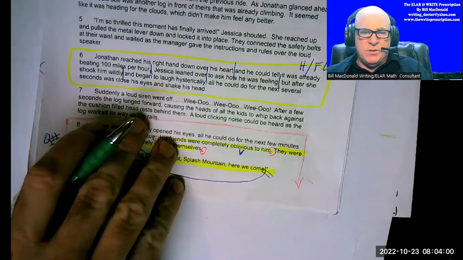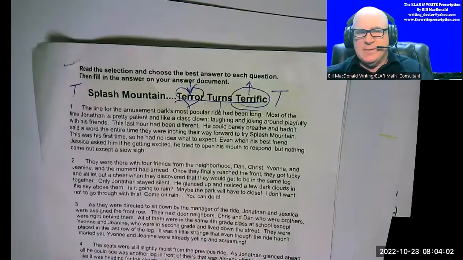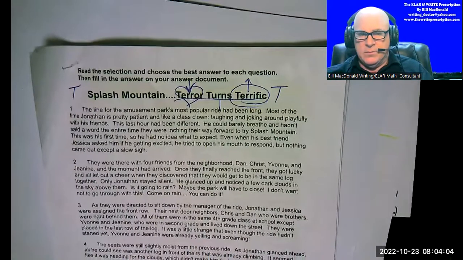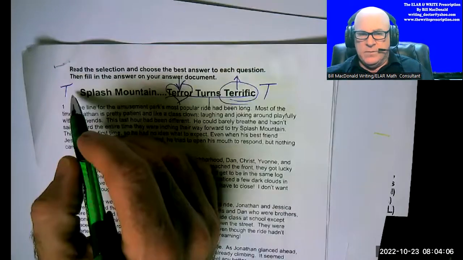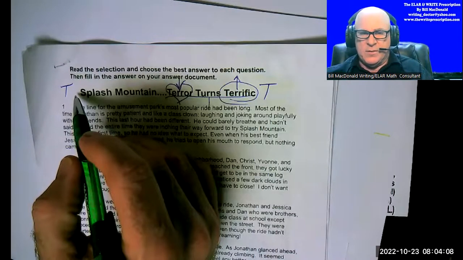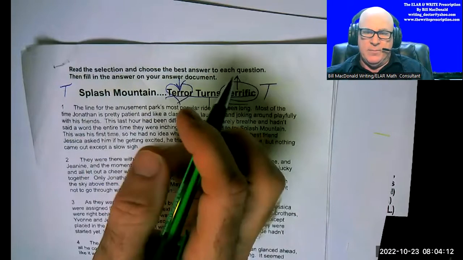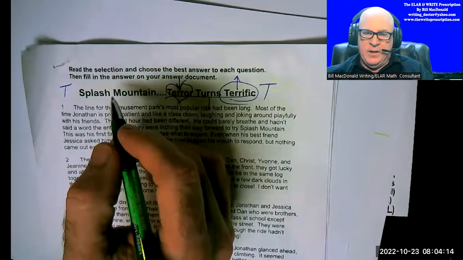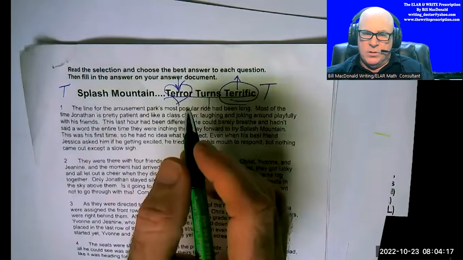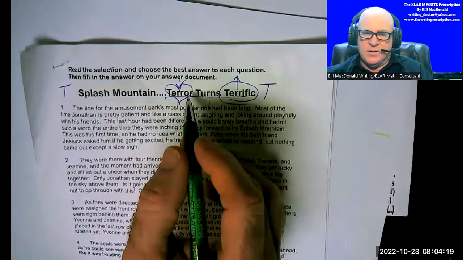"Splash Mountain, Terror Turns Terrific." That's the title, and the title helps you understand the topic. It has the name of the ride, the negative emotion transitioning to a positive emotion.